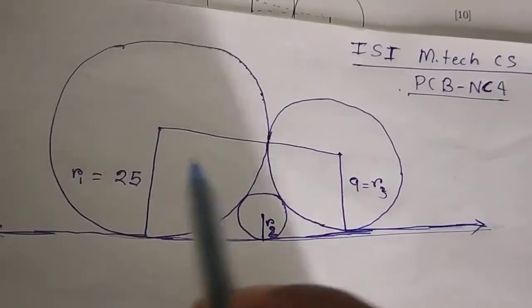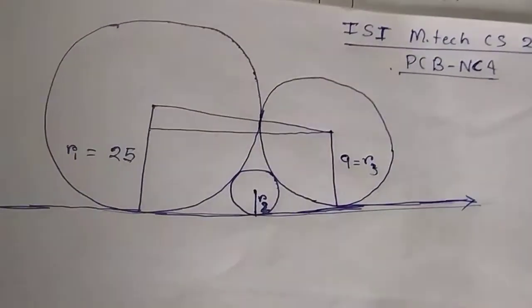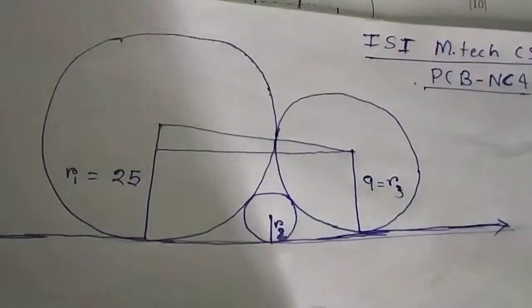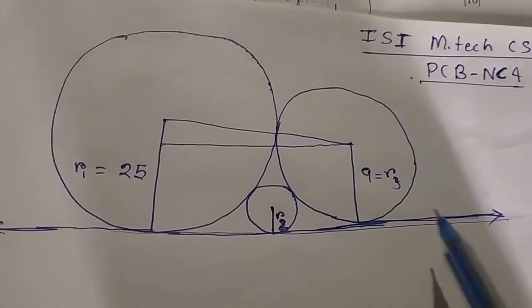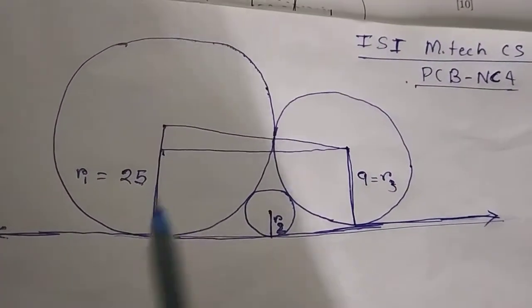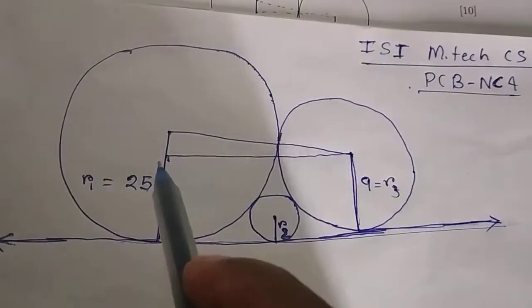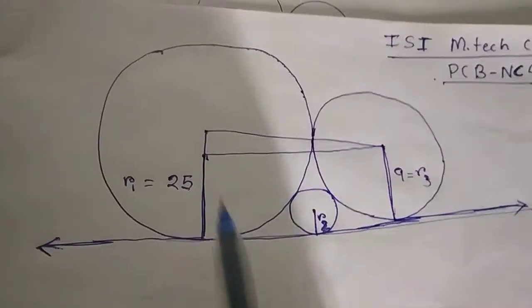Then let's try to draw this. Now you can see I have drawn this line in such a way that this and this are the same. So I'm assuming this is 9 and this is also 9. Let's name these points.